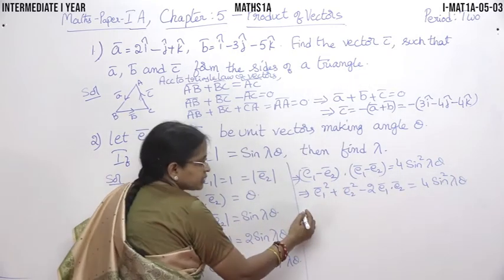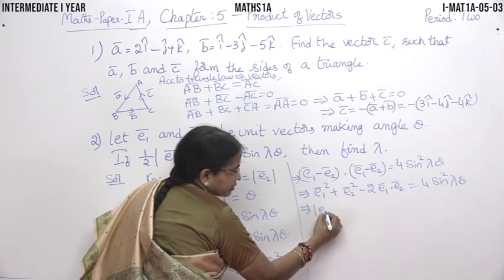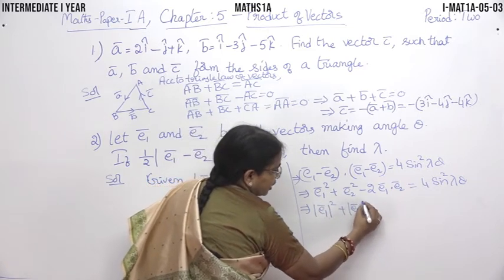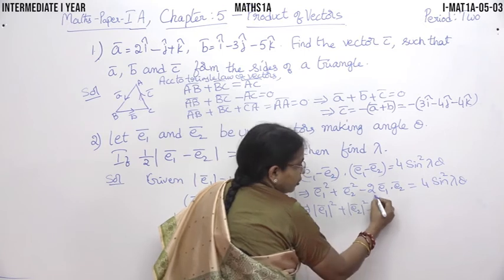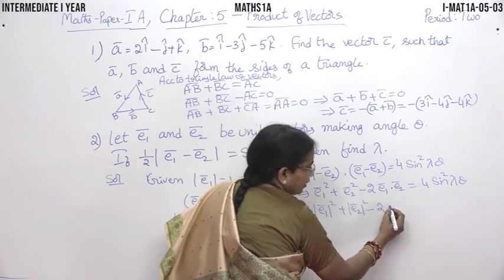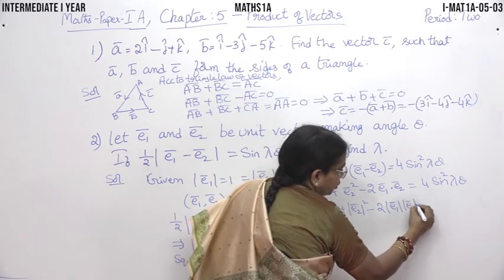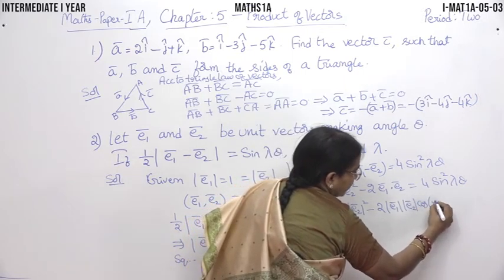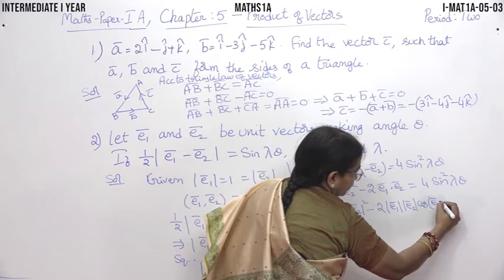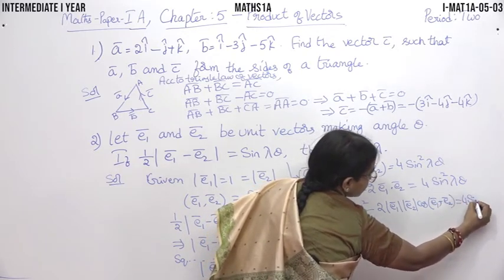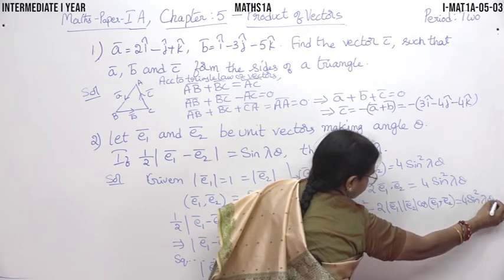Now, E1 square is nothing but mod E1 square. Mod E1 square plus mod E2 square minus 2 into, write the formula for this, mod E1 into mod E2 into cos of angle between E1 and E2 is equal to 4 sine square of lambda theta.